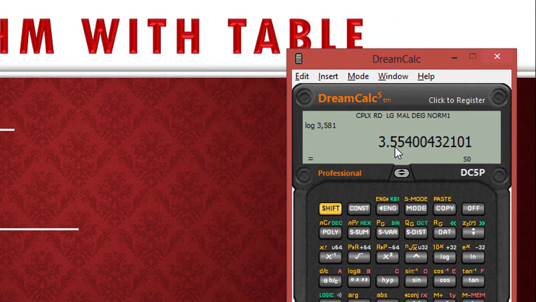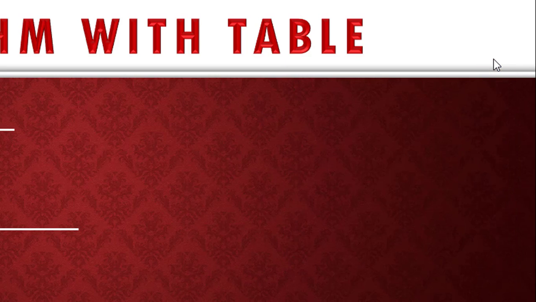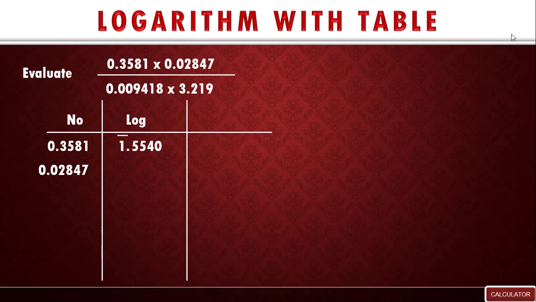Those 4 digits are 5540. If you need to approximate to the last 4 digits, you should, but the number close to that is 0, so approximating doesn't have any effect. So we only have 5540. That's the workaround, so we don't need this characteristic. What we need here is only the mantissa, which is 5540.